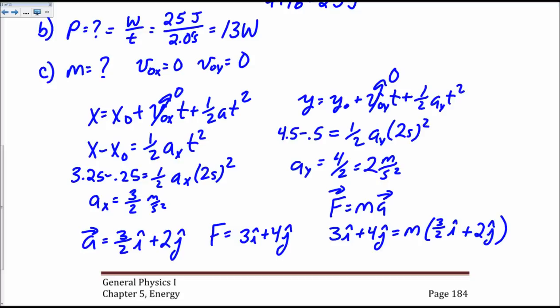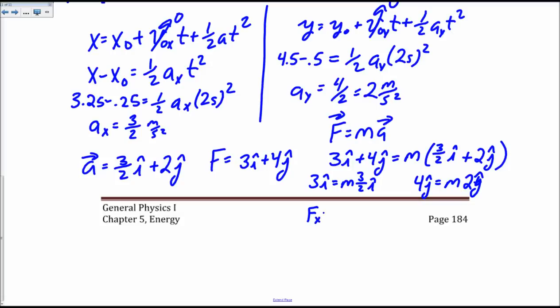So I can say that 3I has to equal m times 3/2 I, and 4j has to equal m times 2j, because the x and y components of the force have to obey Newton's law. That is to say, Fx equals m times ax, or Fy equals m times ay. Either way, in both cases, I find that mass is equal to 2 kilograms.